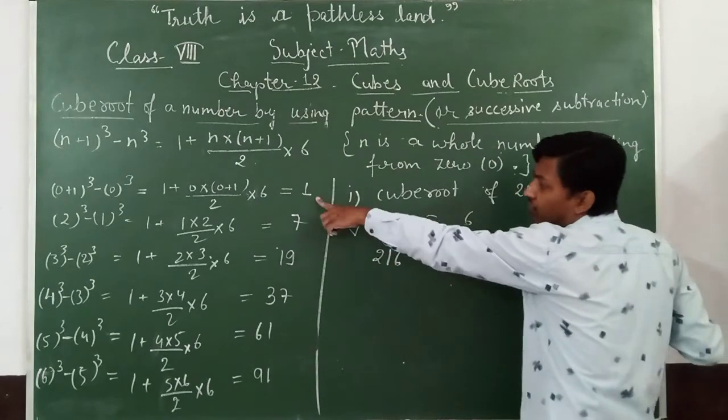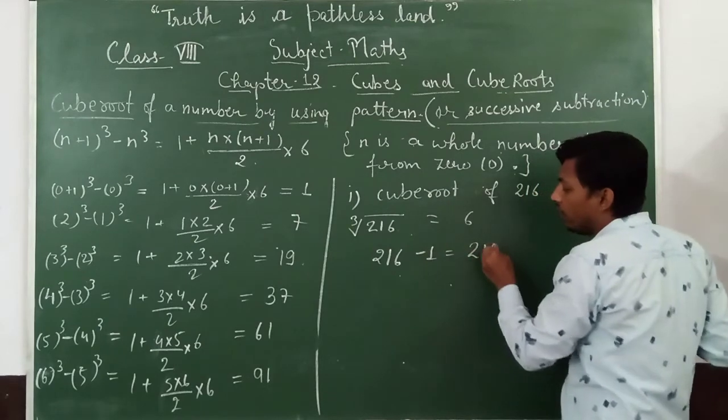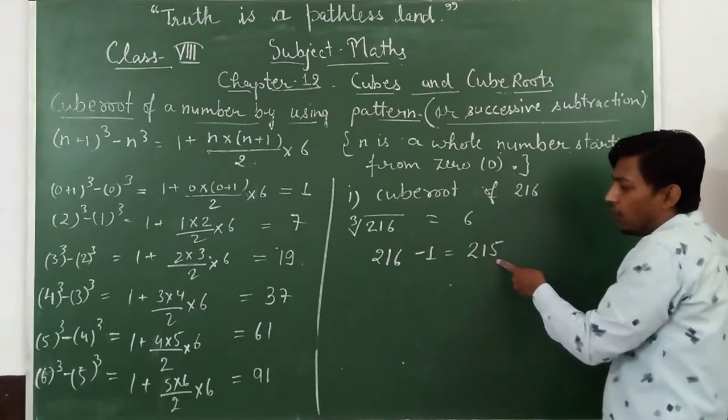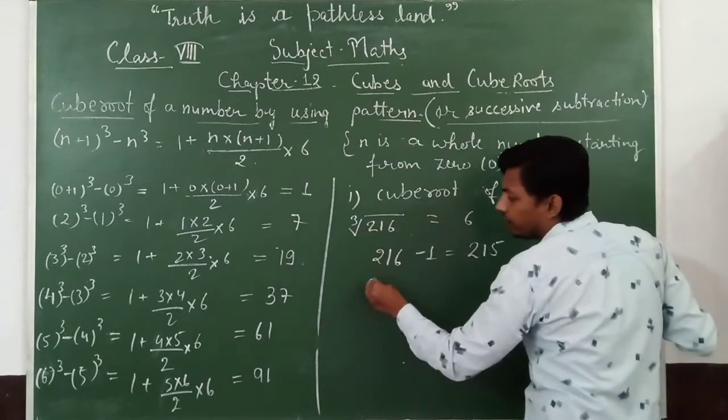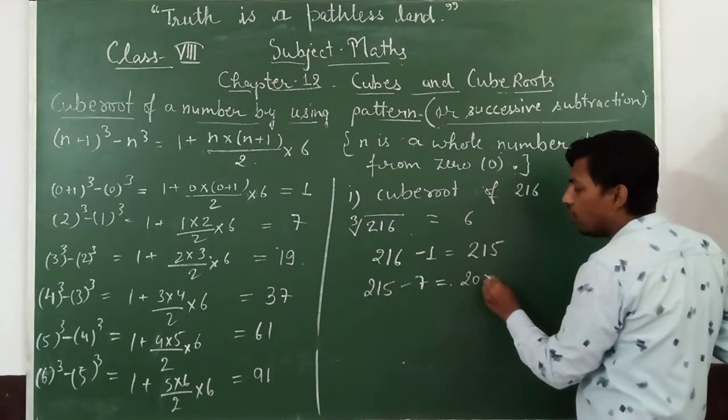216. Now subtract the first number of the pattern. The first number is 1. Subtract 1, we get 215. From this answer subtract 7. 215 minus 7 is 208.